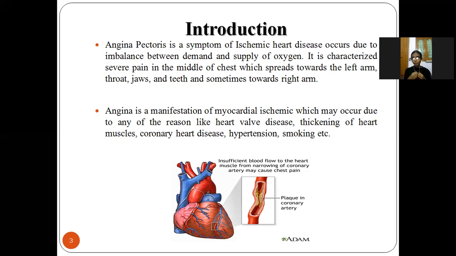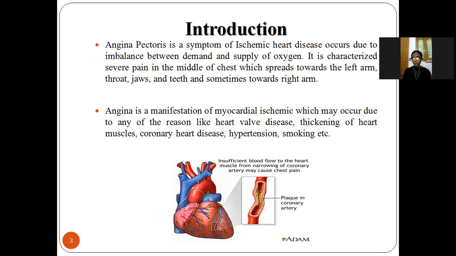If the heartbeat rises, it may cause angina pectoris, and the blood pressure also increases, which can lead to different heart diseases like heart stroke and coronary artery diseases. It is characterized by severe pain in the middle of the chest, which spreads to the left body parts like the left arm, jaw and teeth, and sometimes also to the right arm.